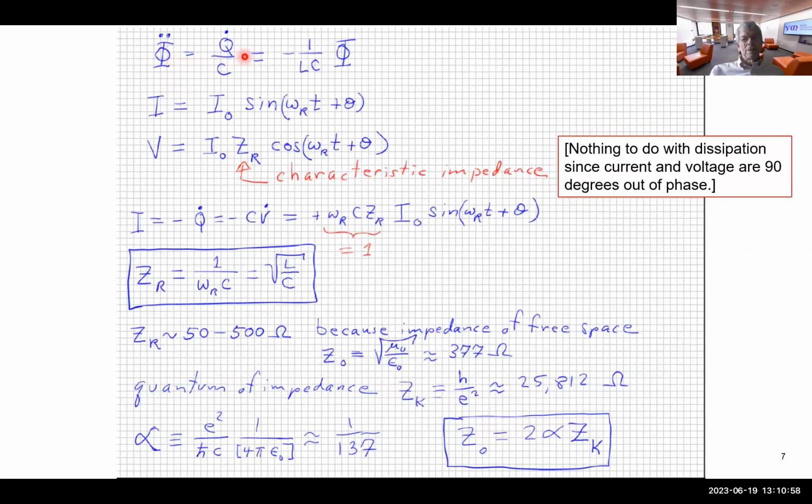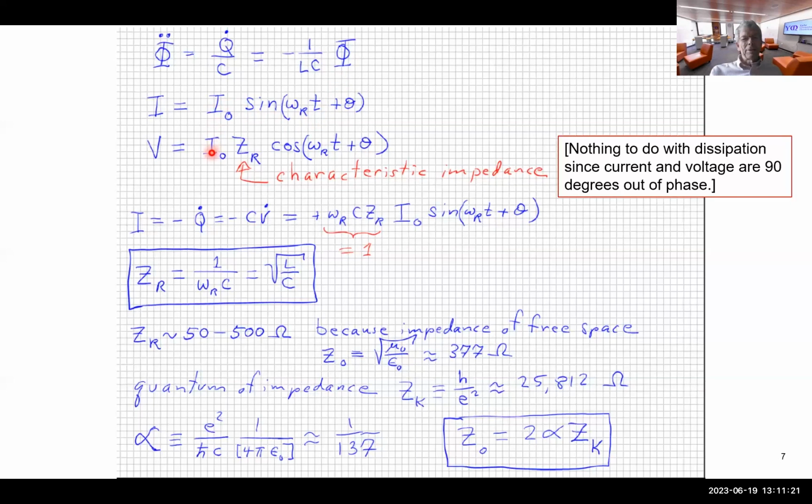Here's Newton's equation of motion, and the solution gives for the phi over L, the current, some sinusoidal solution, and a sinusoidal solution 90 degrees out of phase for the voltage, which is the time derivative of the flux.